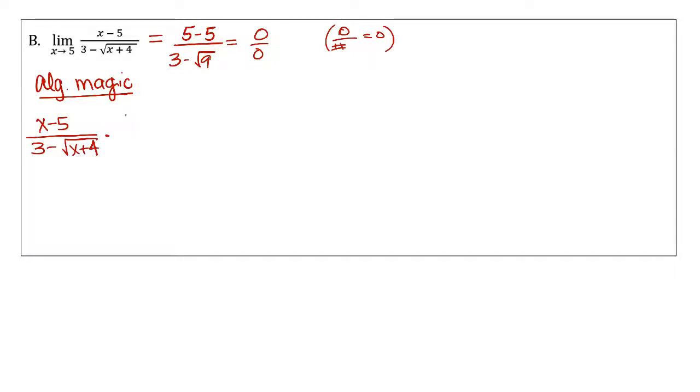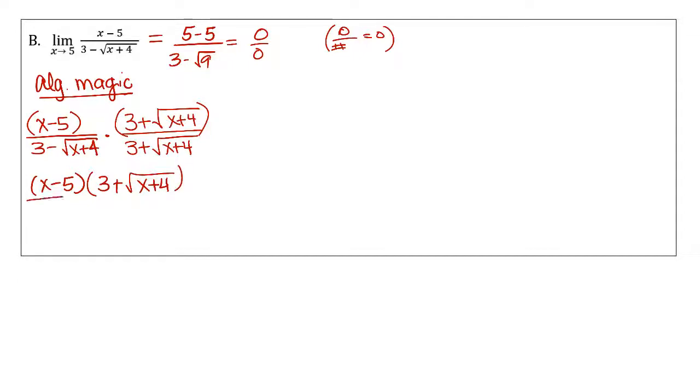And we are going to rationalize that with 3 plus the square root of stuff over 3 plus the square root of stuff. All right, so let's see what that gives us. And again, I'm just going to multiply this across. I am not going to FOIL out anything. Don't FOIL out stuff. Just leave it like it is.